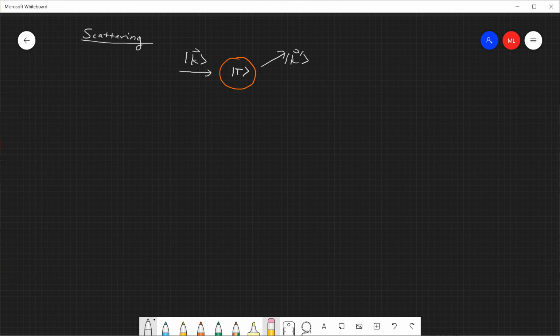So when the outgoing particle comes out, you lose some energy. That's the idea. And there's a way we can think about it if we recall some facts that we've derived for elastic scattering.